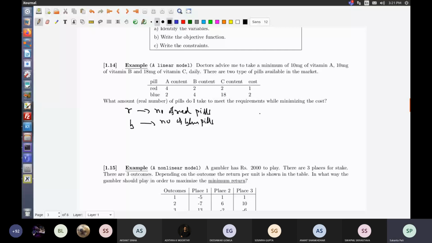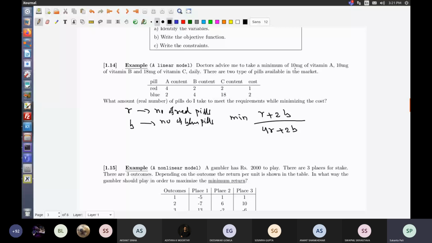Now look, each red pill gives 4 units of A content, so the A content should be 4R plus 2B, and that should be at least the minimum of 10 mg of vitamin A, so it should be greater than or equal to 10.